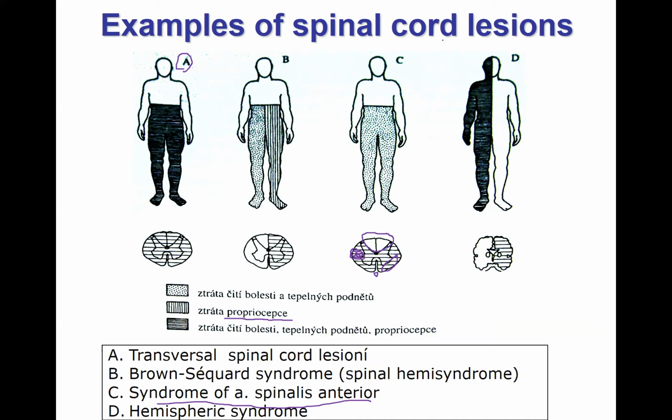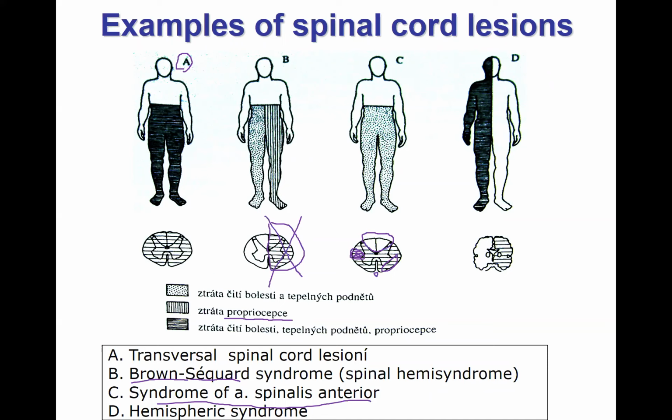And then we have this model, spinal hemisyndrome. It's used in physiology as a model to understand the decussations of the fiber tracts. But it can happen, of course, as a lesion. It was first described by Brown-Séquard, so it's called Brown-Séquard syndrome or spinal hemisyndrome.